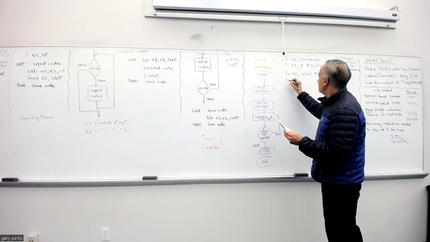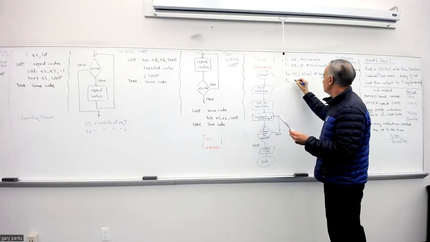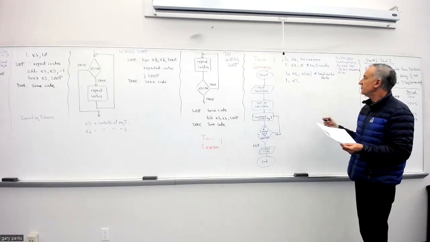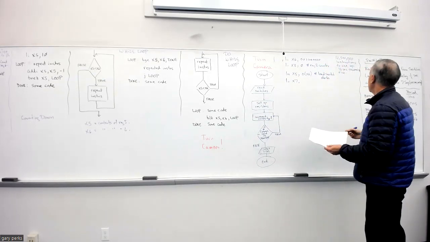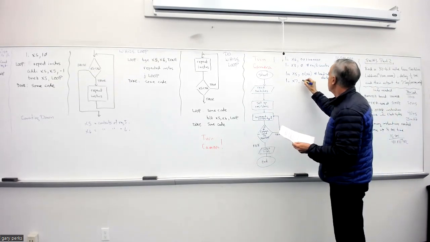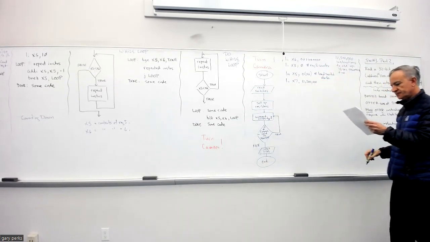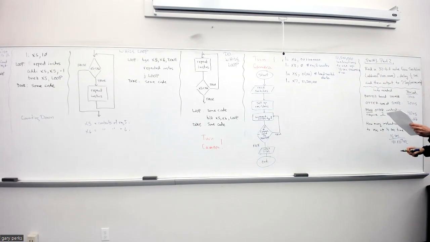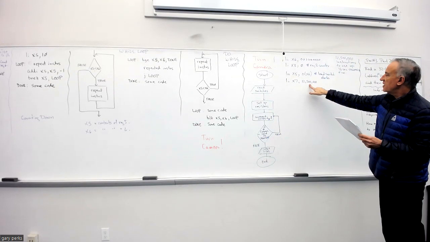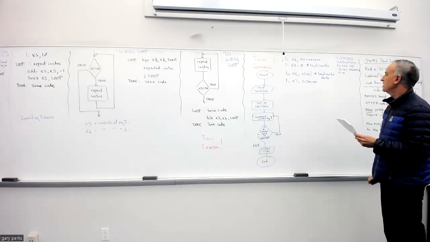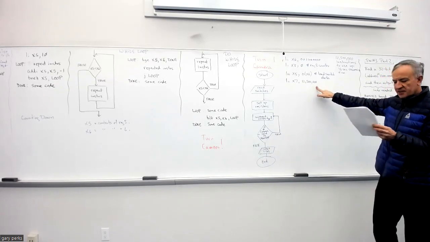Okay, then I use another load immediate, and I'm going to use register 7 for the max count value. So that's where I would put this, 12,500, although we're going to have to come back and modify this.